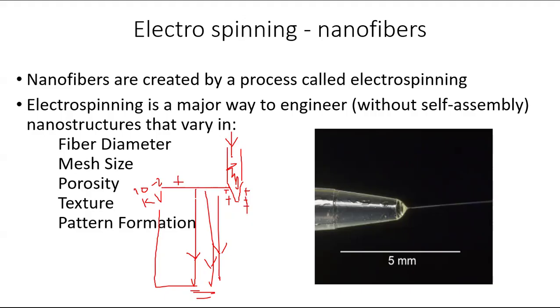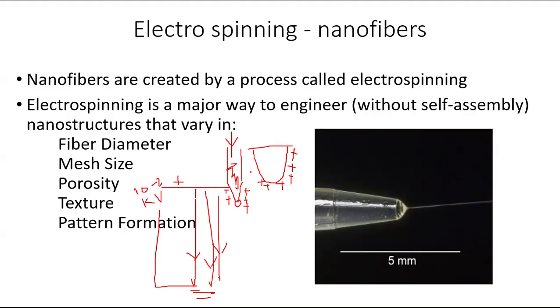Once the polymer solution comes through this needle tip, it will be held by the surface tension. We all know that when a droplet comes out, it is held by surface tension. If I magnify this, the droplet tries to be held at the needle tip by surface tension, but it also has a static positive charge due to the applied electric field.